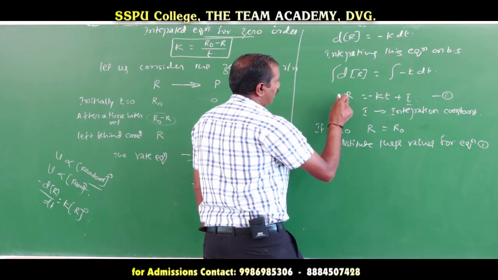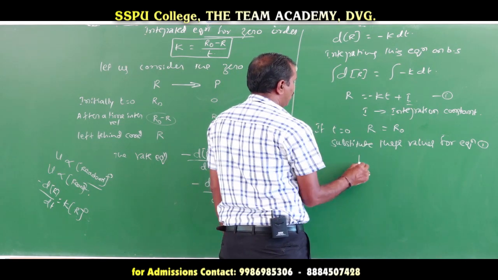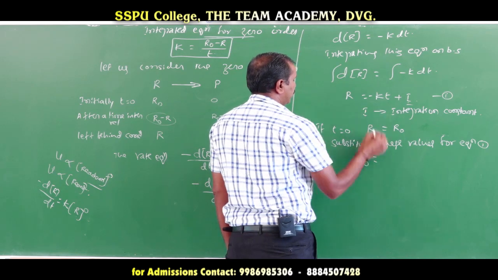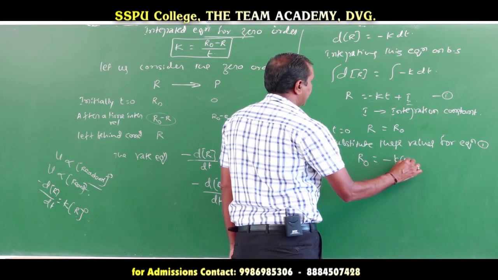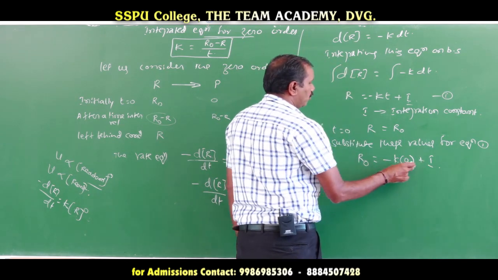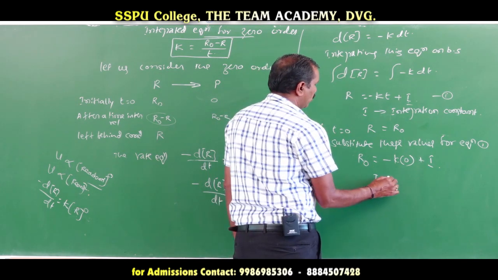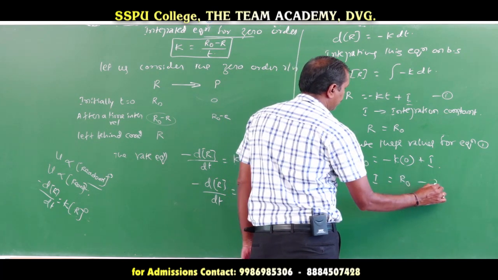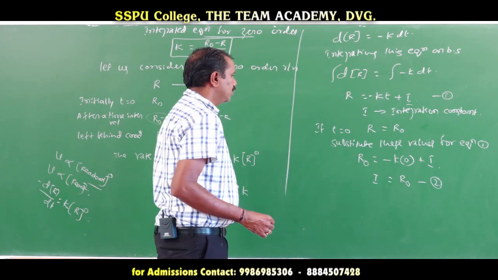So where R becomes R naught, that equals minus k into t, where t is 0, plus I. k into 0 is 0, where I equals R naught.